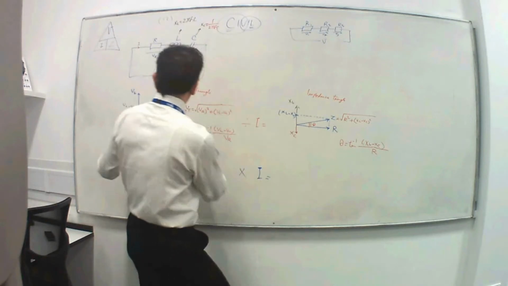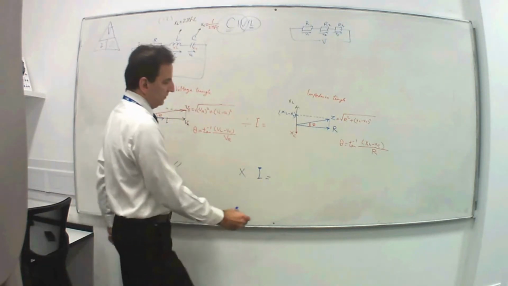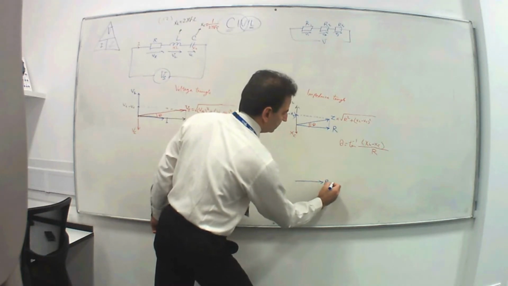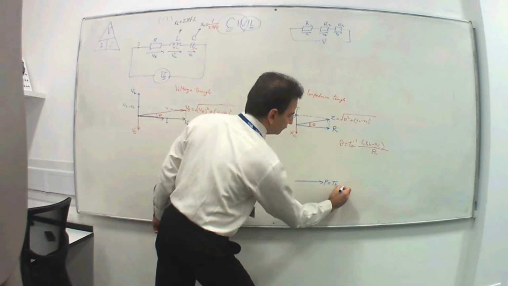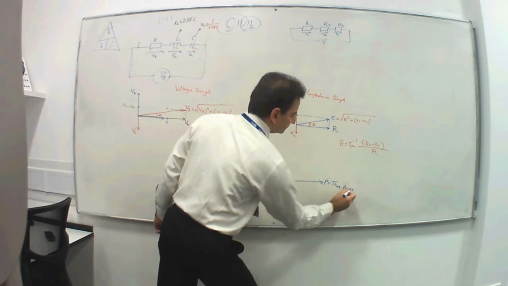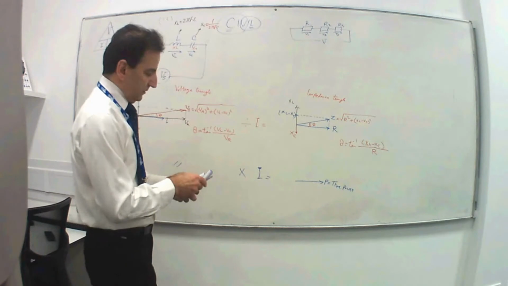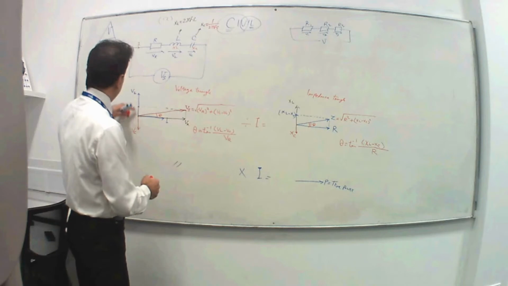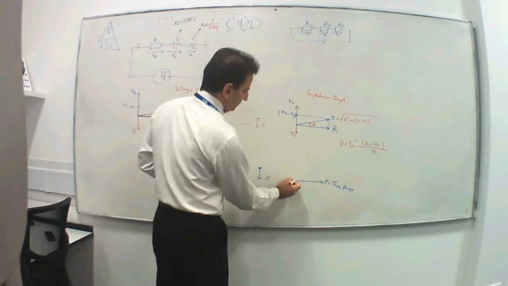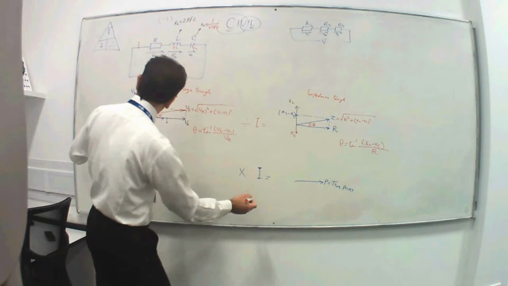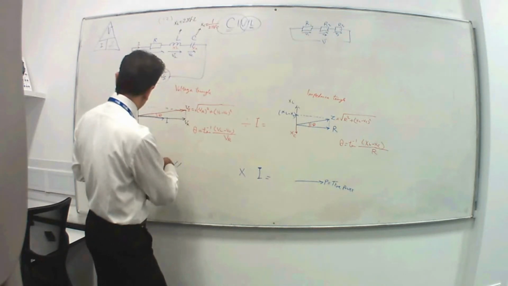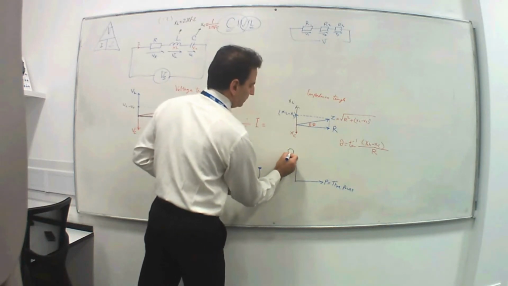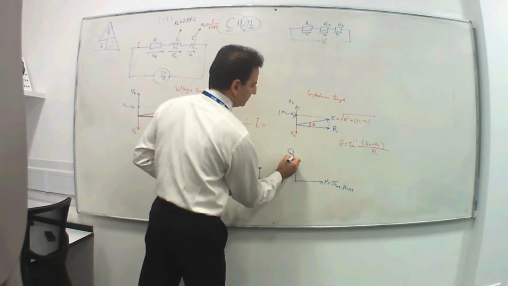Then VR times I will give you P, which is true power, and VL times I will give you Q. I'm just going to name this QL.